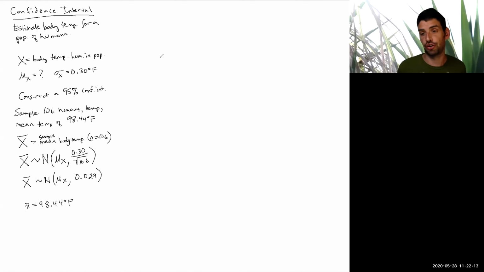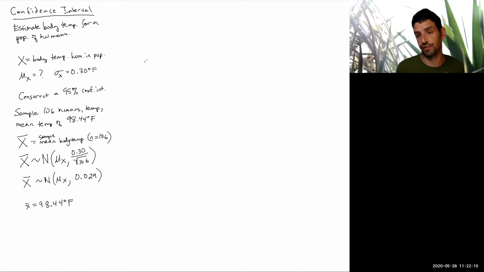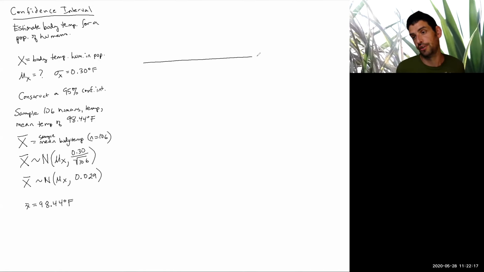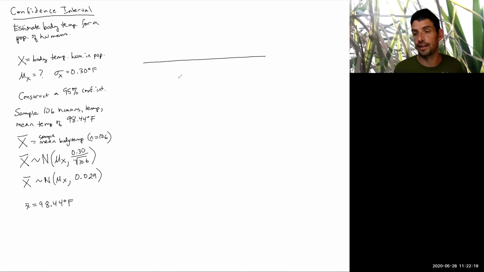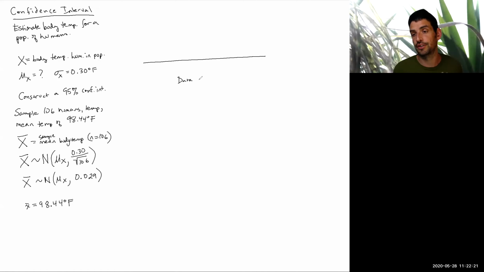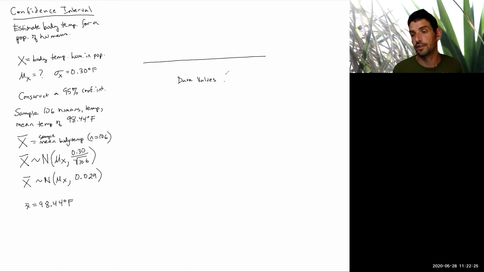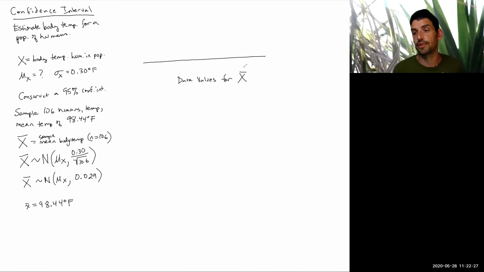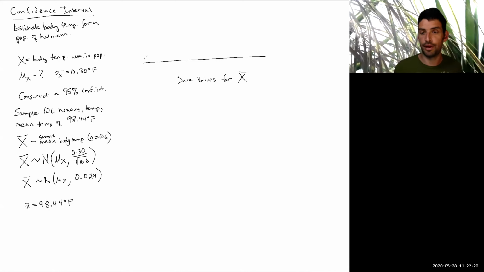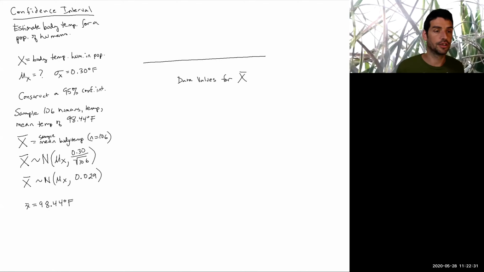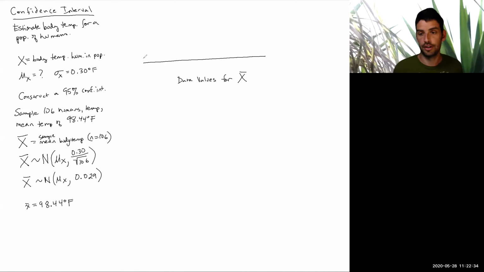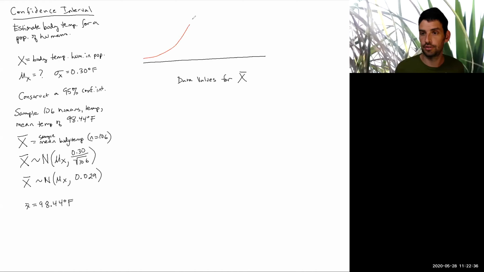Let's try to draw a picture of the situation. Here my data values are on the horizontal axis, so data values for capital X bar. I'll try my best to draw, let's use another color. Let's try red. A normal distribution.